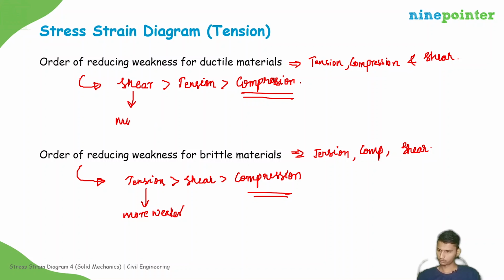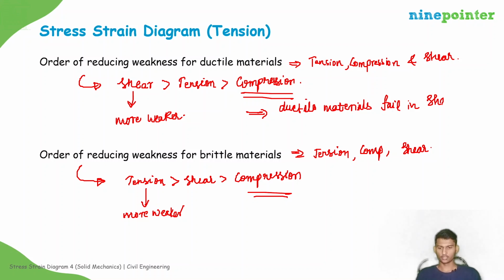So from this we can say that ductile materials fail in shear. Brittle materials fail in tension.